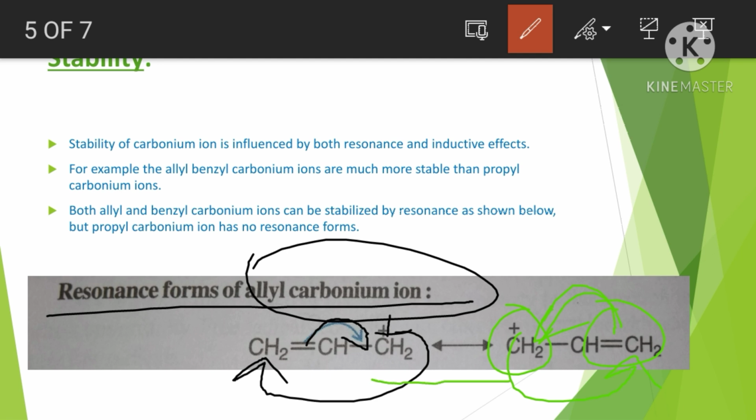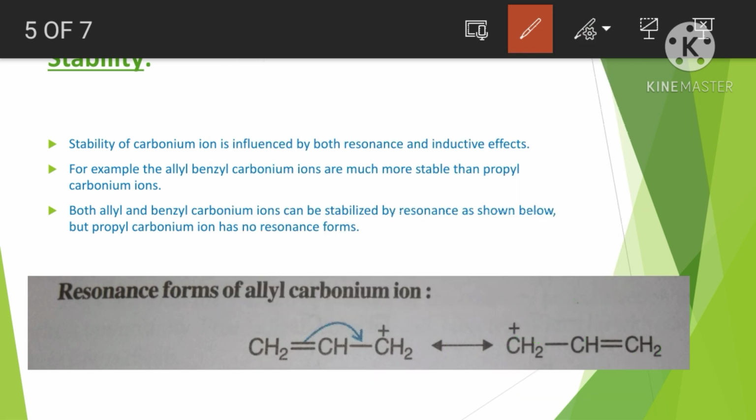Then again this structure will be formed. This is the resonance that happens in the allyl carbonium ion. Because of this resonance, this allyl carbonium ion is more stable than the propyl carbonium ion. We will discuss the propyl carbonium ion.